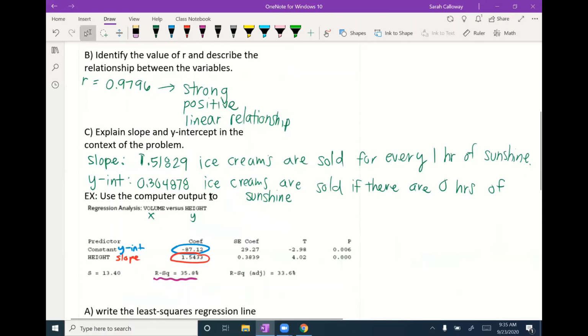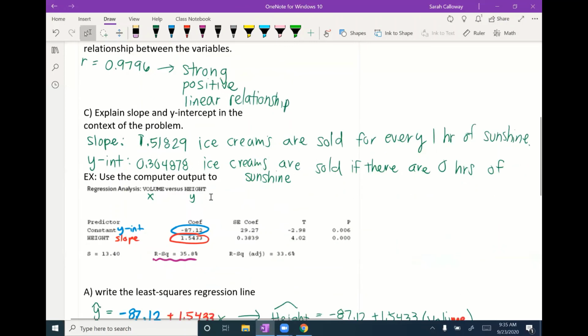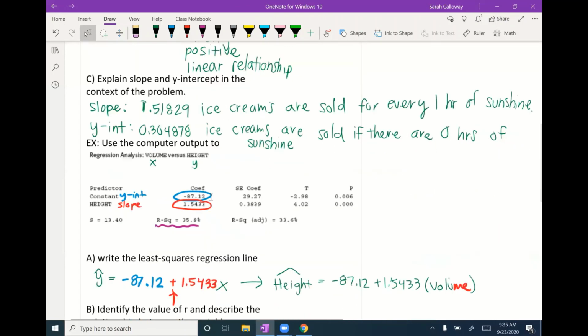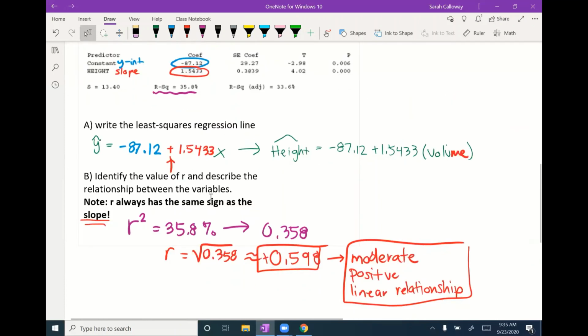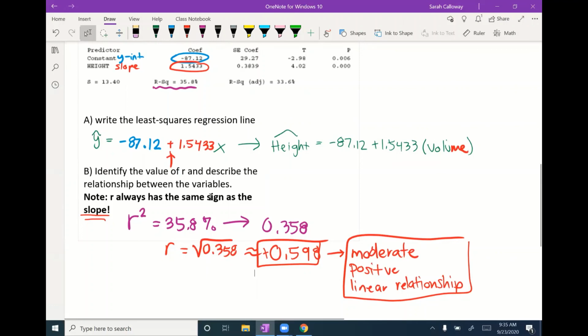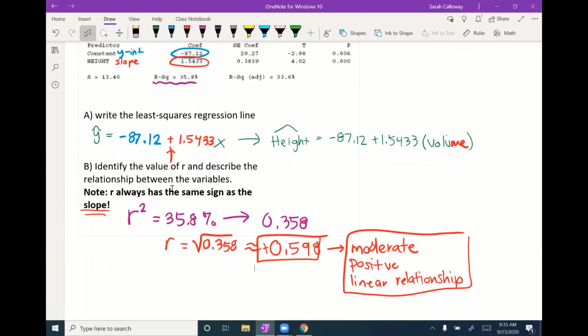They talked about the context of slope, the context of the y-intercept, and then looked at when we have computer output, how we can find that least squares regression line and the R value based on the R squared value. The key thing was that because R squared is always going to be a positive value, we can figure out whether R is positive or negative based on the slope of the line.